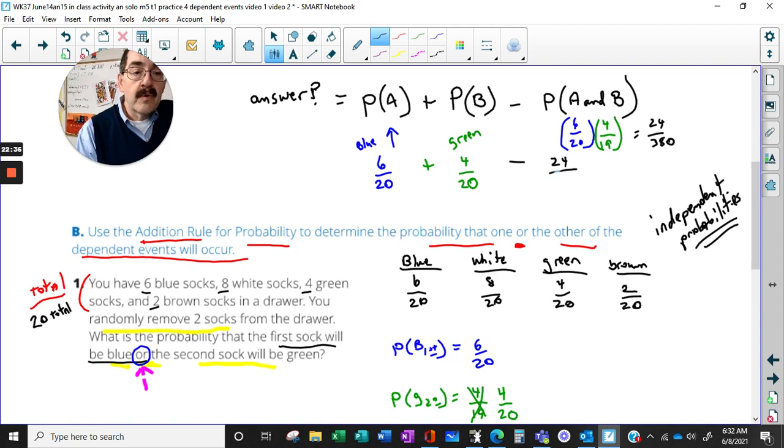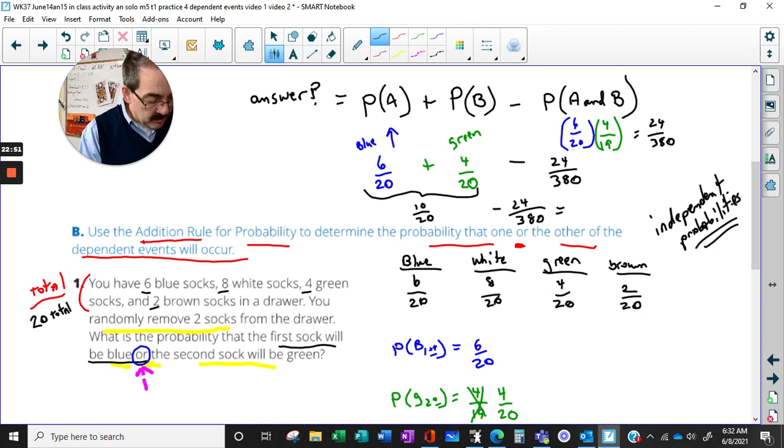So now we combine this. Put these together, and we get 10 out of 20 minus 24 of the 380. And we get our answer, and we'll just use a calculator, and we get 83 over 190.